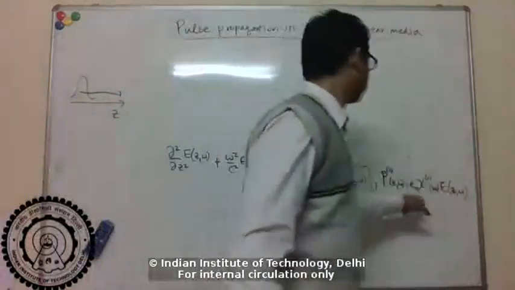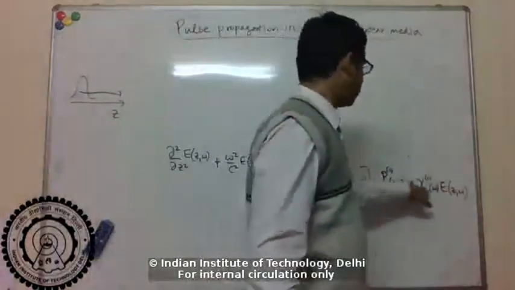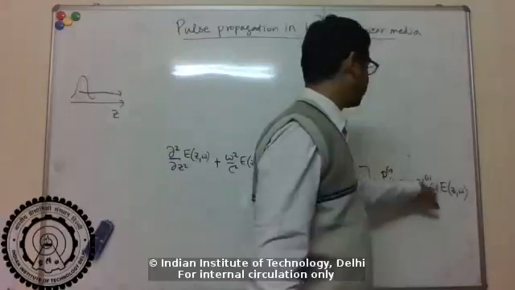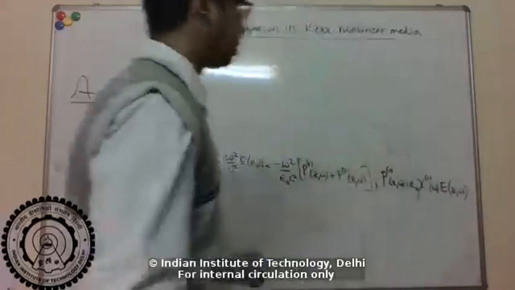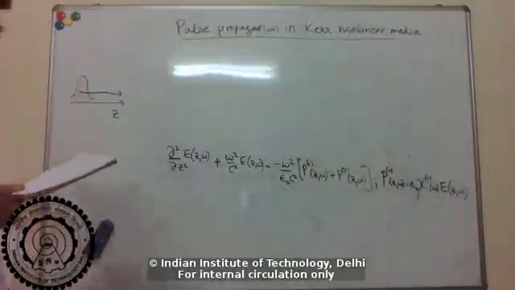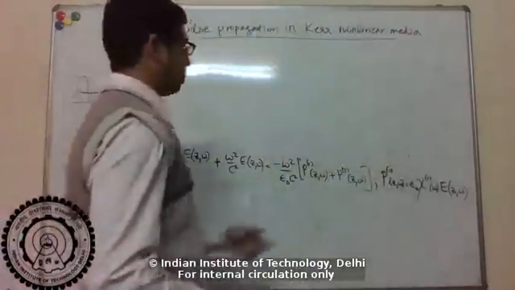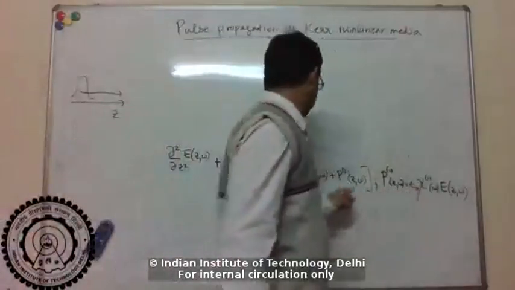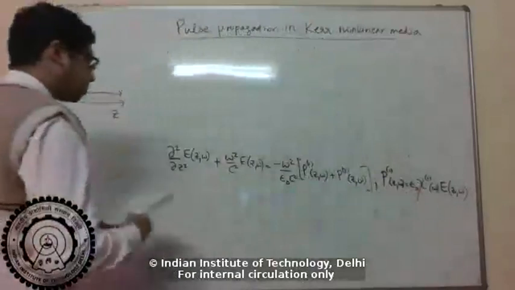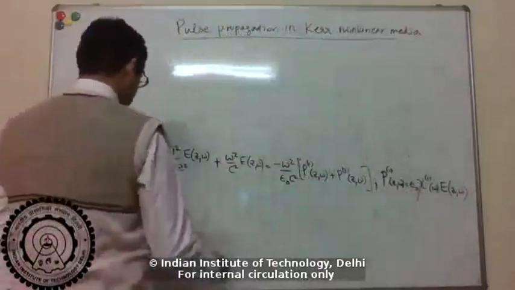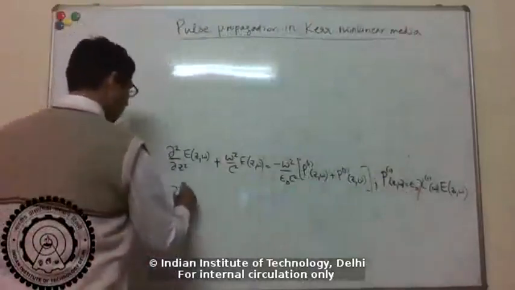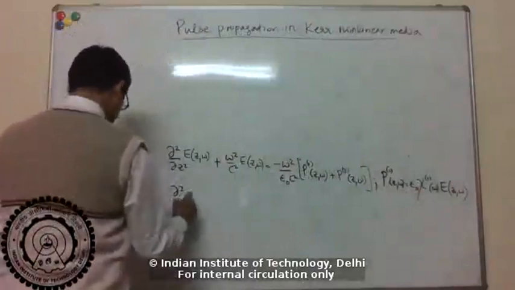Okay? So at the frequency omega, the susceptibility at frequency omega times the electric field. Okay. So we plug the linear polarization into here, right? And we take that to the other side.